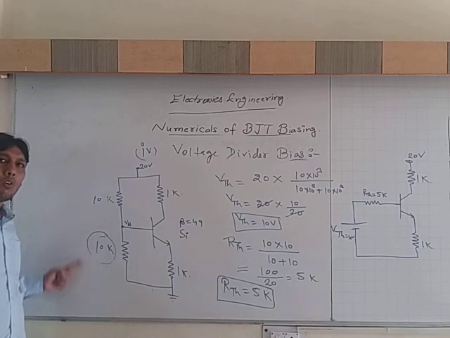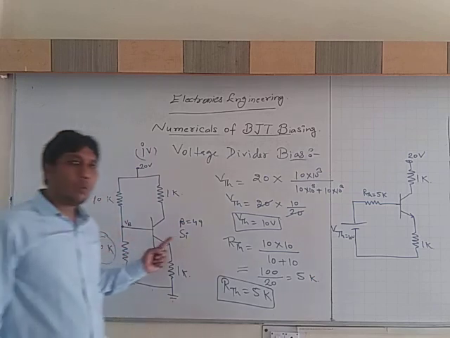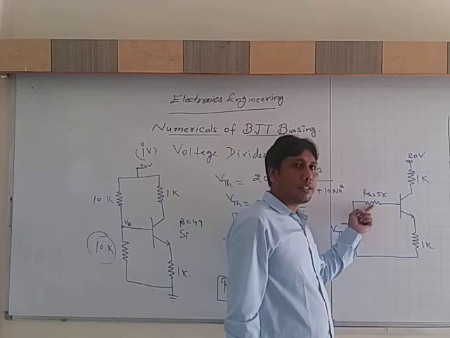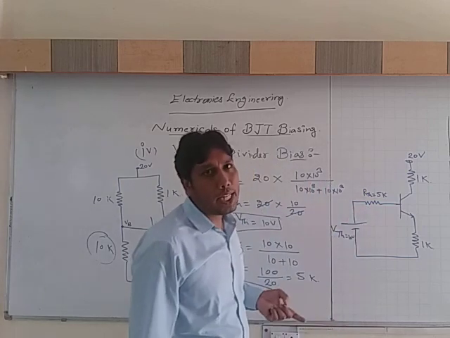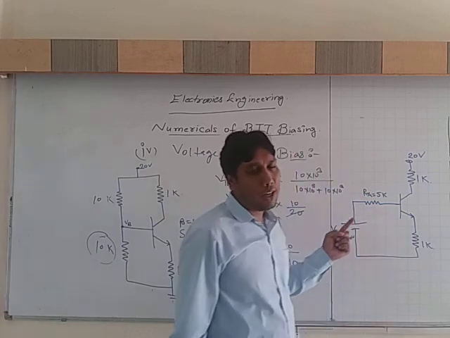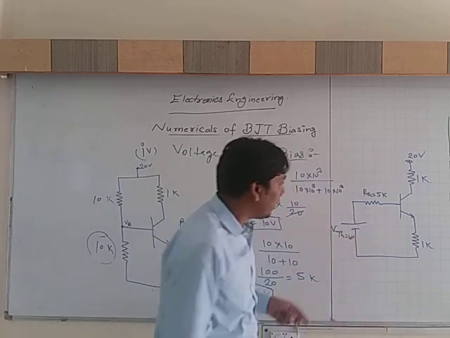We have just solved the input part with a simple battery and a resistor. Now we can apply the KVL in this circuit and find the value of base current.